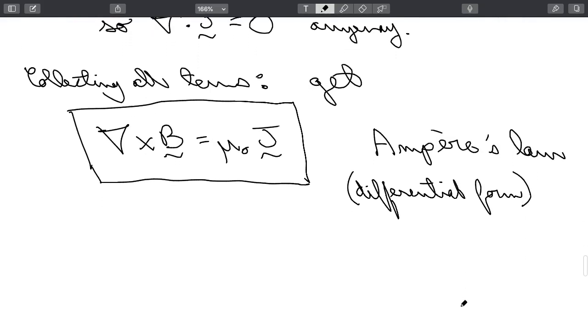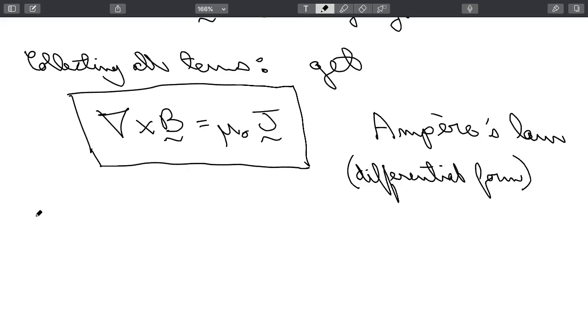Okay, so we can do a little extra manipulation. If we now invoke Stokes' theorem, what can we do?